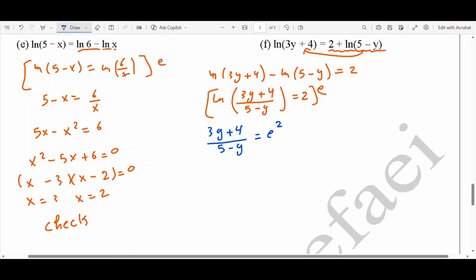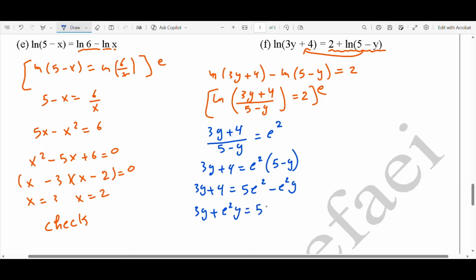I'm going to rearrange terms by doing cross multiplication first. 3y + 4 = e²(5 - y). 3y + 4 = 5e² - e²y. 3y + e²y = 5e² - 4.